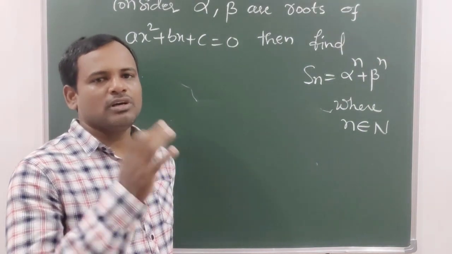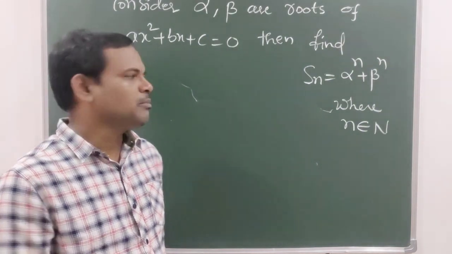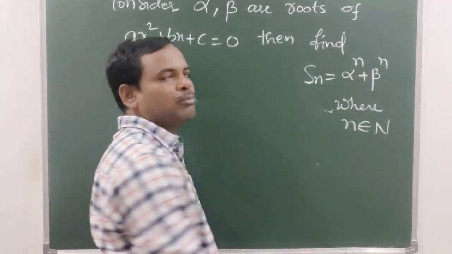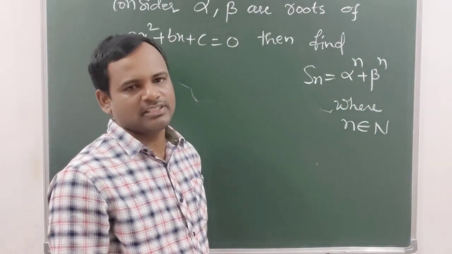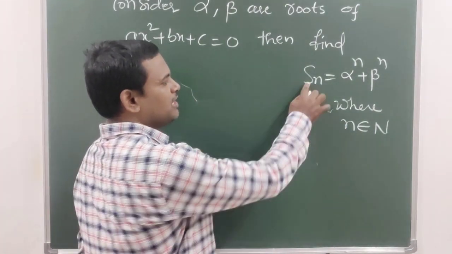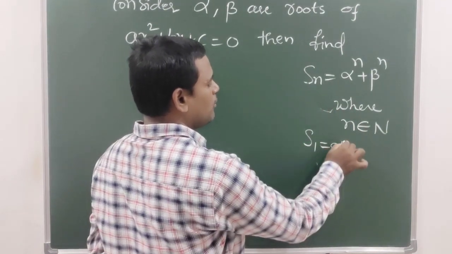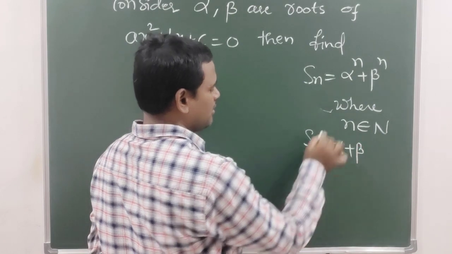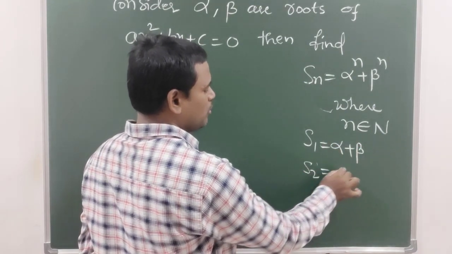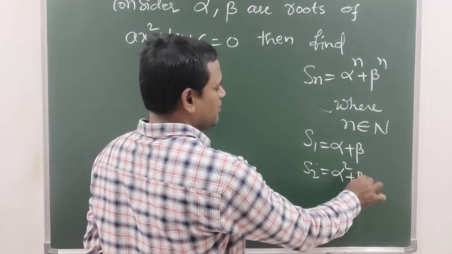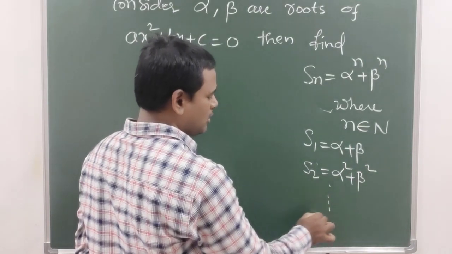But when we go to the competitive exam, we may get n up to 5 or 6. Suppose we assign n equal to 1, then we get alpha plus beta. When we take n equal to 2, alpha square plus beta square, and so on.